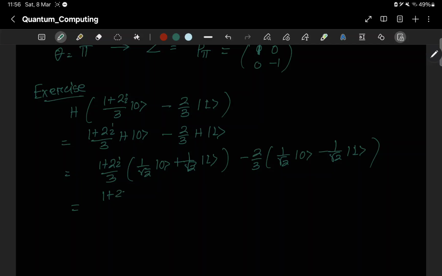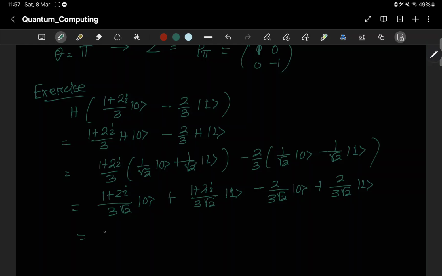So (1 plus 2i) by 3 root 2 |0>, plus (1 plus 2i) by 3 root 2 |1>, and this becomes minus 2 by 3 root 2 |0> plus 2 by 3 root 2 |1>. Now let's combine the zeros and ones and group them together.